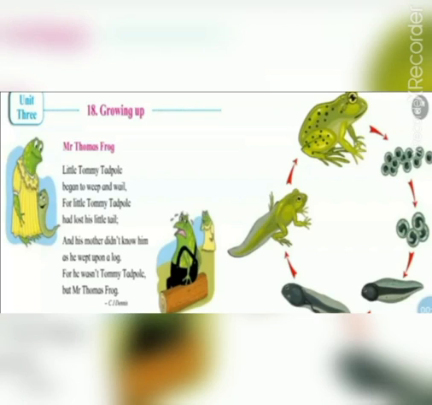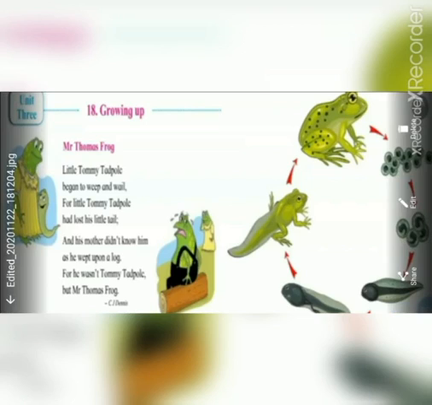There it was sitting and crying, and mother was searching, where is my Tommy? Where is my Tommy? As he wept upon a log, for he wasn't Tommy Tadpole. Mother goes on searching. Where is my Tommy?